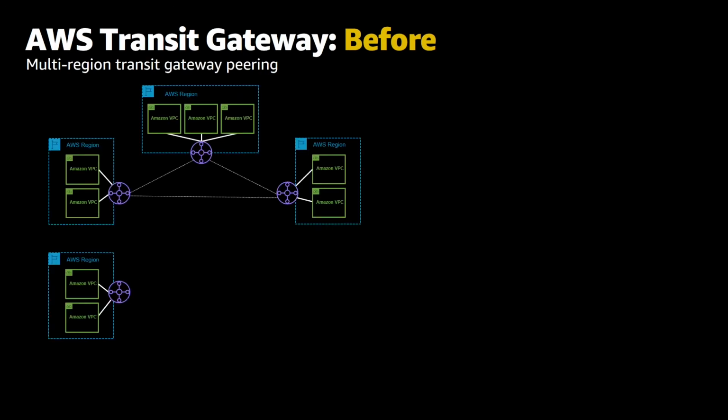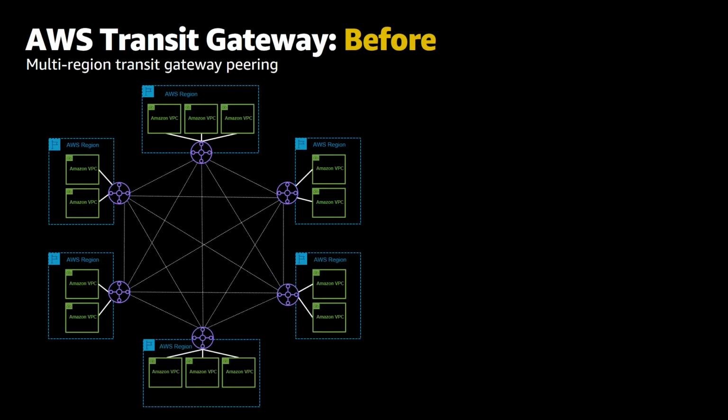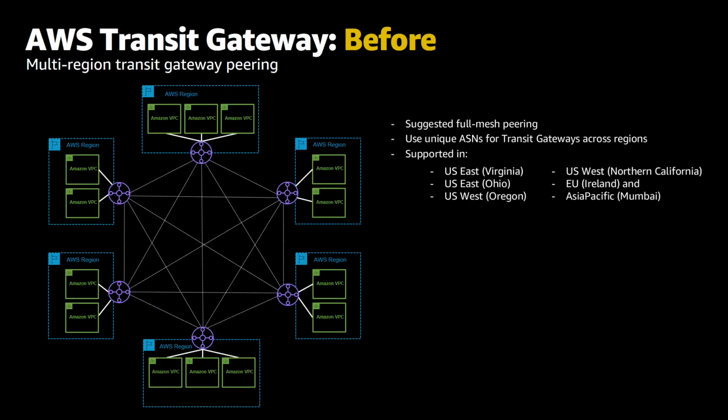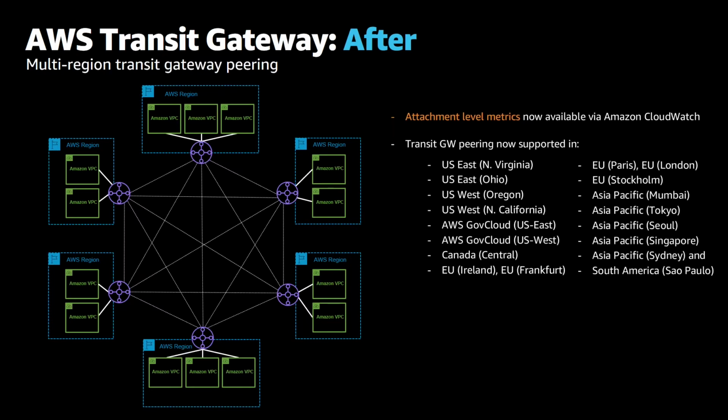So if you have multiple transit gateways, this is what you will do. We recommend a full mesh and use unique autonomous system numbers on each one of those transit gateways. We started with these regions right here before, but now we have more regions. We have new attachment level metrics using CloudWatch, and now we have more regions supported.